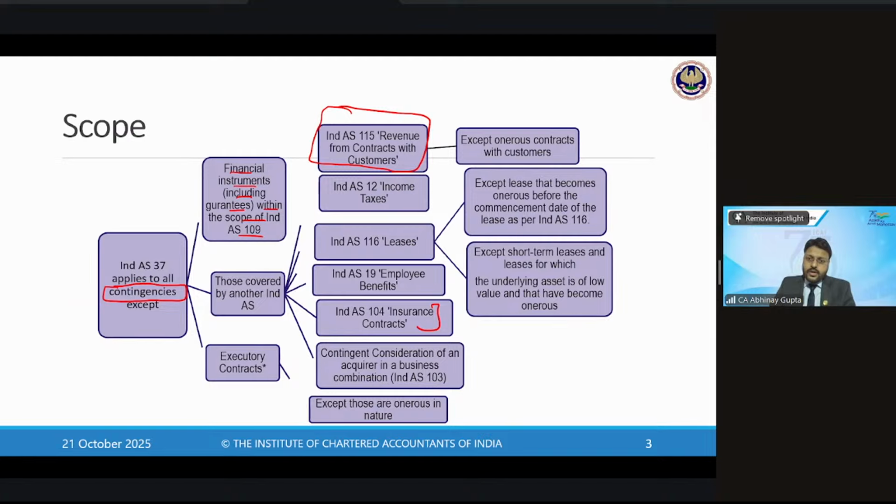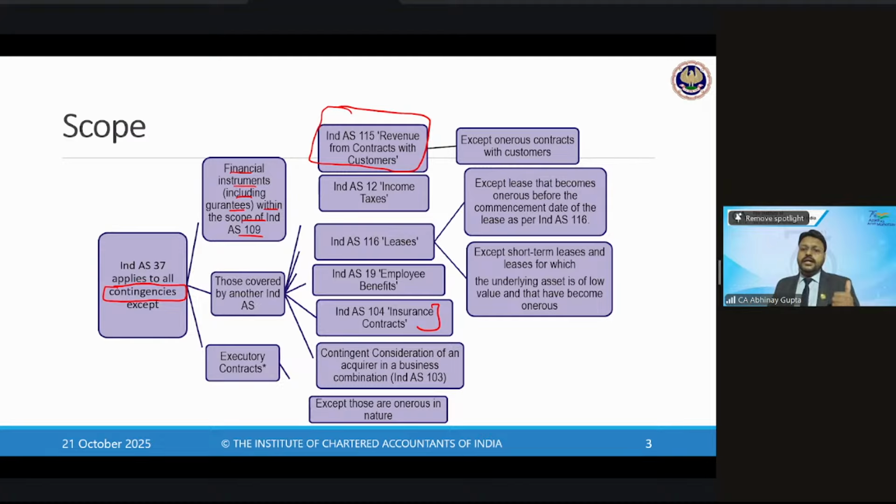In health insurance, we do not know when and how many customers are falling ill, how much claim we are going to receive in the financial year or upcoming years. So the insurance company also takes care of all these contingencies by doing a proper actuarial estimate of its probable claims, based on past trends and future expectations. All these are taken care of by Ind AS 104 at the given point in time.